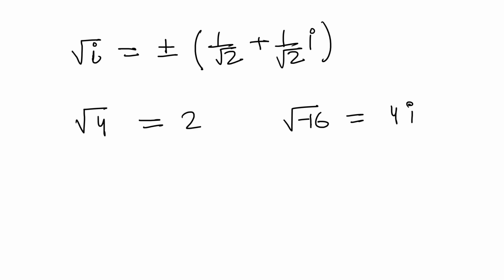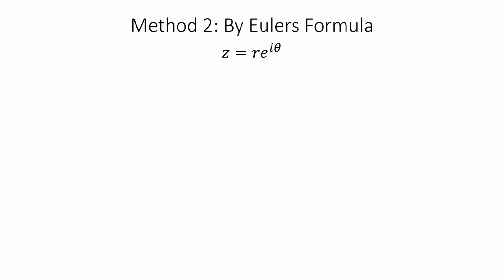This was one method of evaluating the square root of i. Let's try another method by using Euler's formula. We know that every complex number can be expressed using Euler's formula as z equals r multiplied by e raised to the power i theta, where theta is the argument of the complex number and r is the magnitude of that complex number, or the length of the vector corresponding to the complex number.